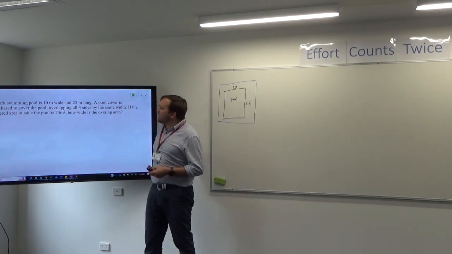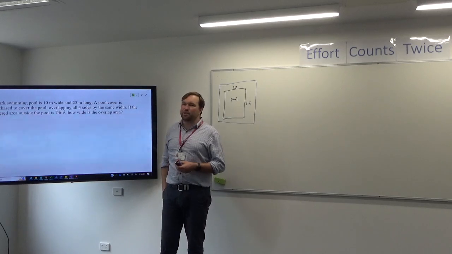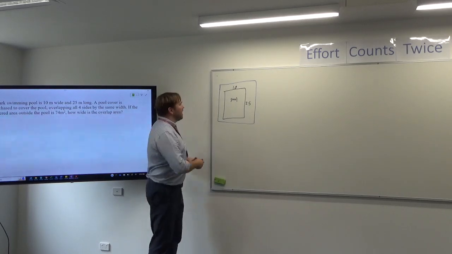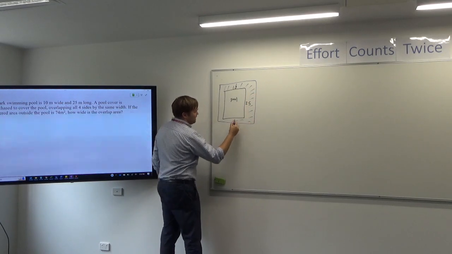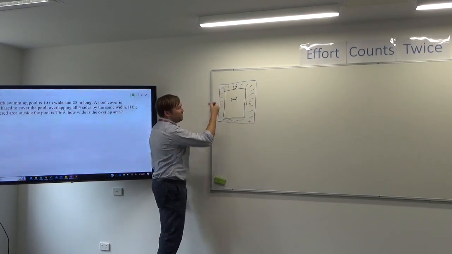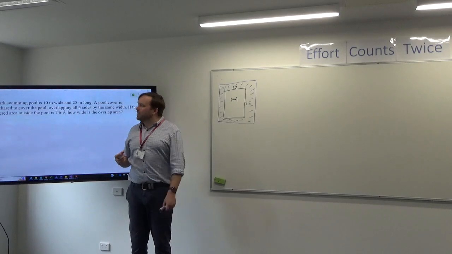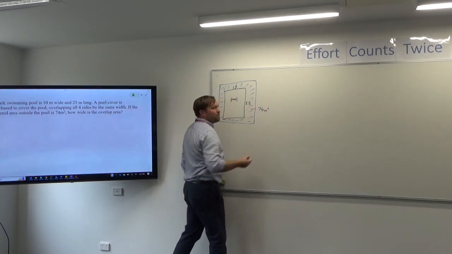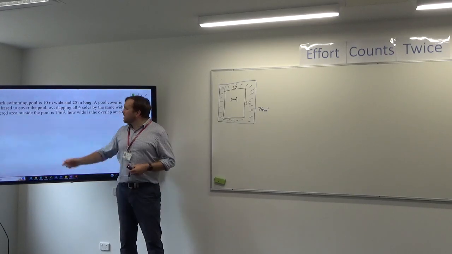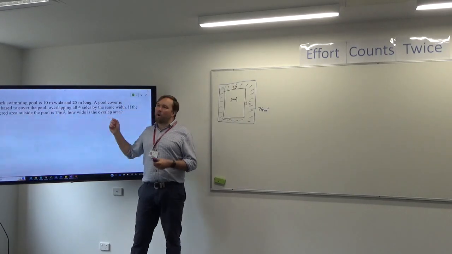The covered area outside the pool is this. Yeah, we're sort of happy with that? The covered area outside the pool is 74 metres squared. Given it's 74 metres squared, how wide is the overlap?